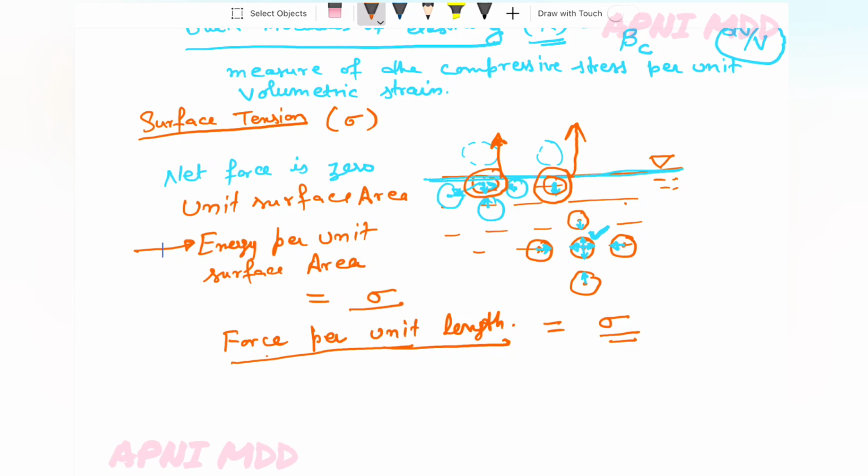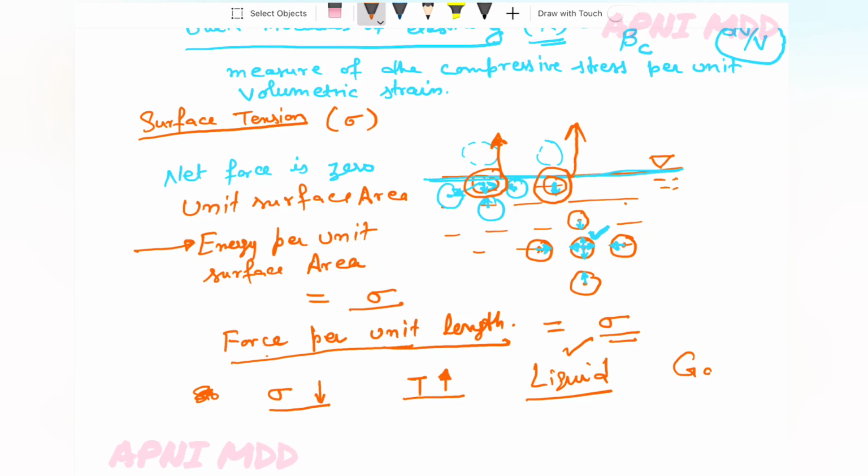Now further, this surface tension drops with the rise in temperature. Now again, this is due to the reduction of cohesive force with the increase in temperature. So surface tension decreases when we increase the temperature of the liquid. Now this concept of surface tension is seen only in case of liquids.